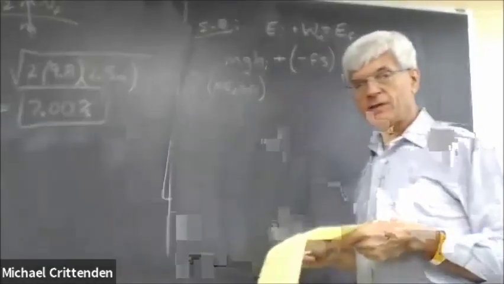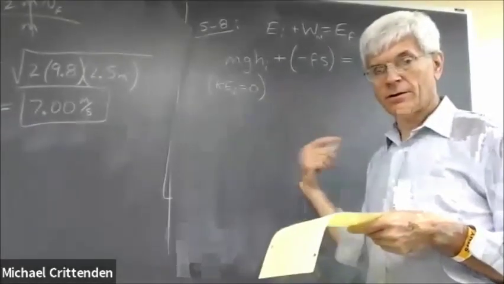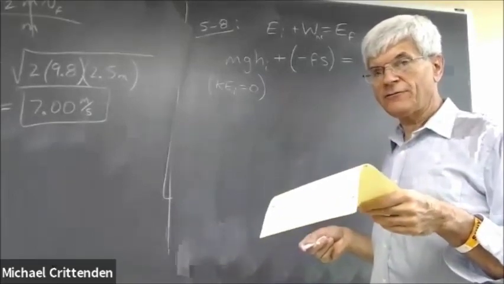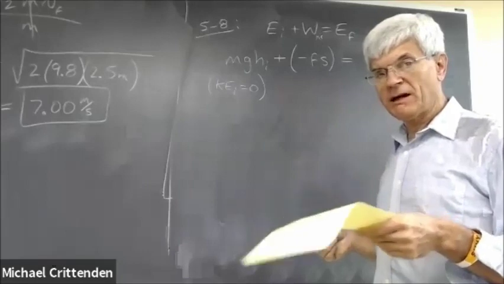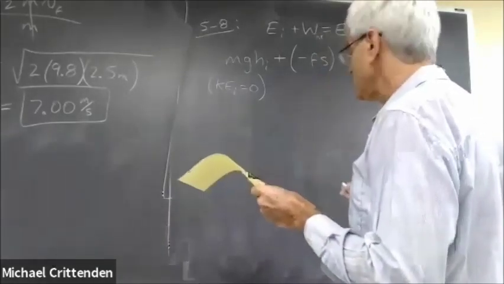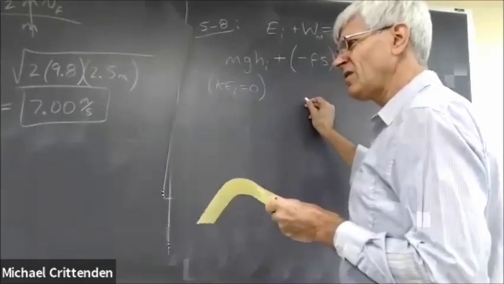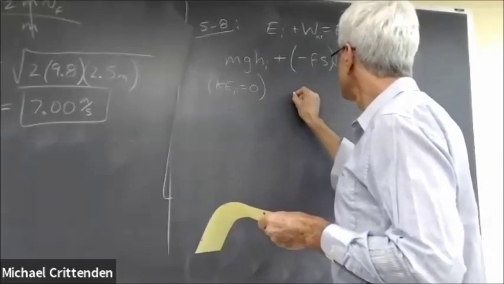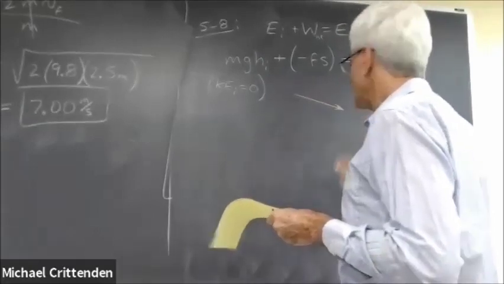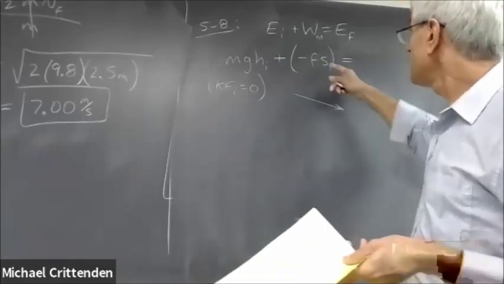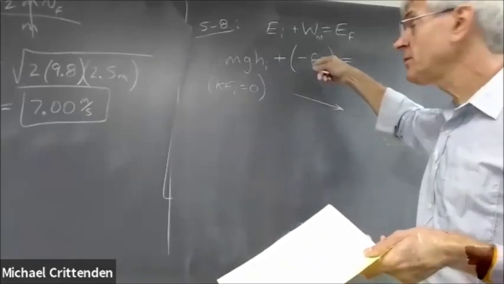I think I might have mentioned in the recording for the first half of section 5 that work done by friction will always be minus F times S, but just to go over the reason for that again, just in case I didn't say that, if you take, like I said, the answer comes out 97 meters for the total distance that the kid goes.